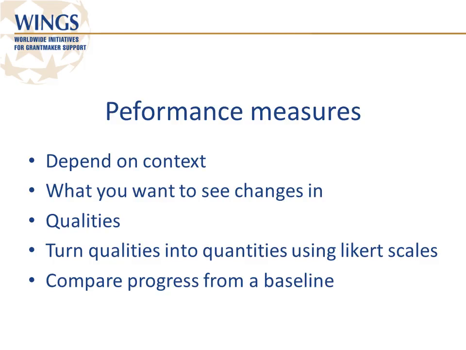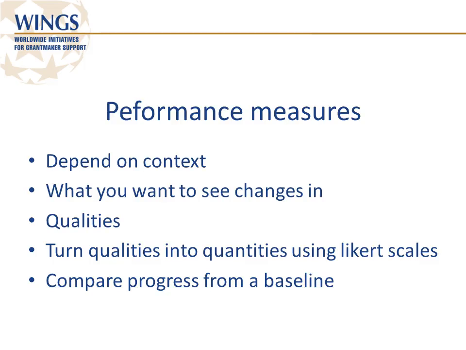But those changes, and this is always the difficult bit, are qualities. We want to see changes in people's ability to do things, or to raise resources, or to build better relationships with their peers.